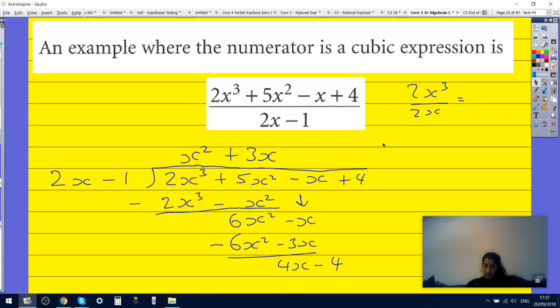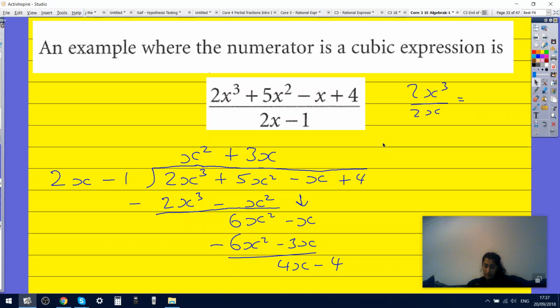Not 2x, it always has to be the same. 2 times 2x minus 1 is 4x minus 2. 4x minus 2 gives you 6. Minus 4 minus minus 2? Minus 2. Yeah. And so the final answer.